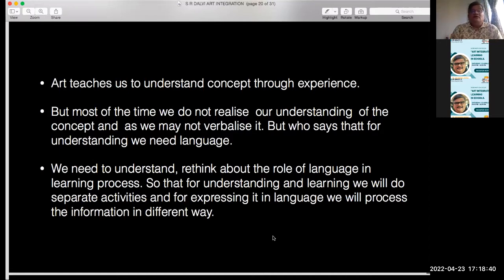And therefore we are not using language actually to access the experience. These are the two different kinds of approaches to language.